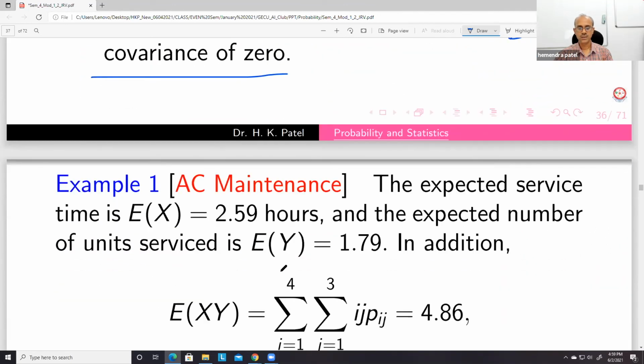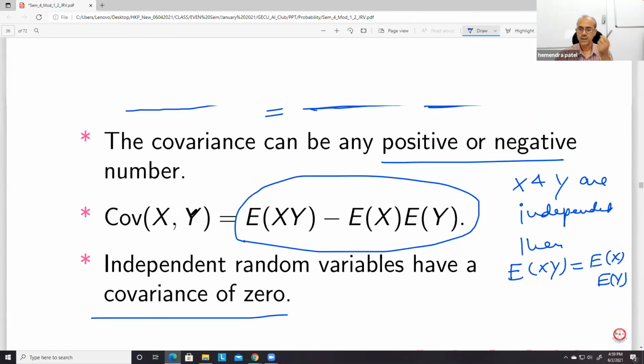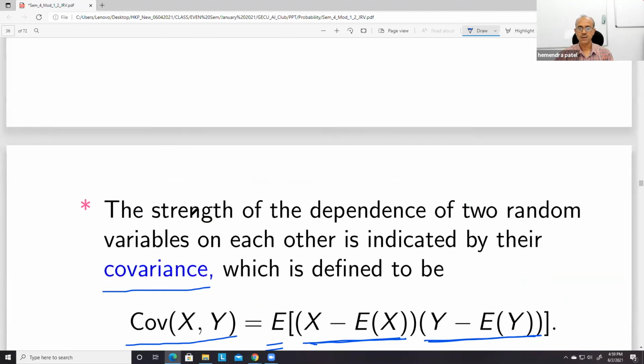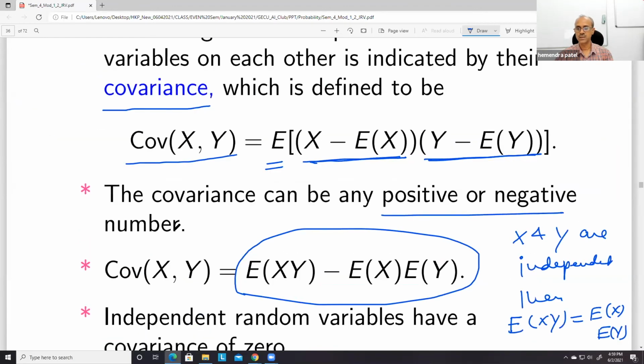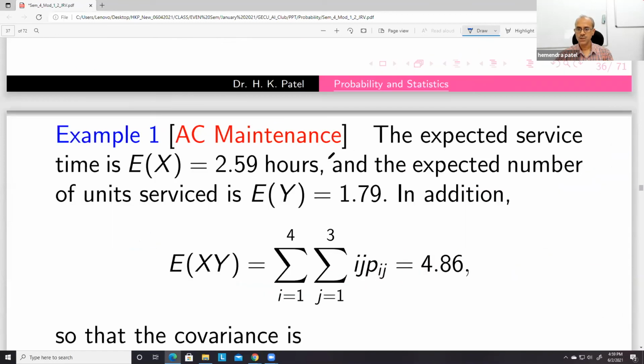So again, in this AC maintenance problem, we can see some results of this section, that is whether x and y are independent or not, and what their covariance values are. The expected service time is Ex equal to 2.59 hours and Ey equal to 1.79 hours.